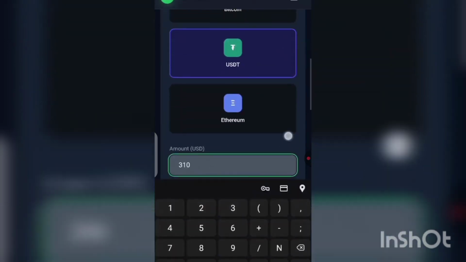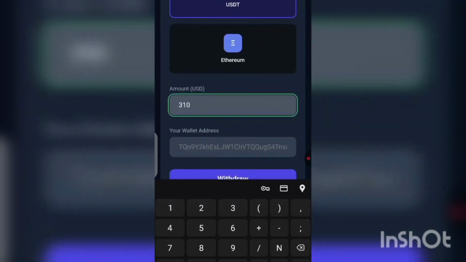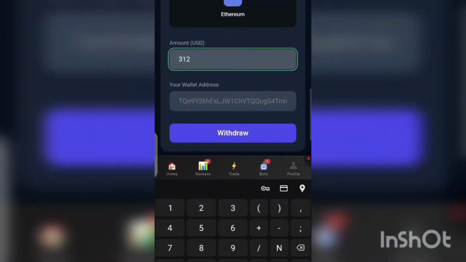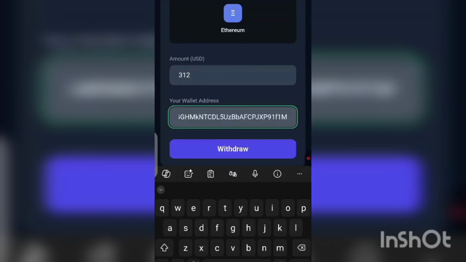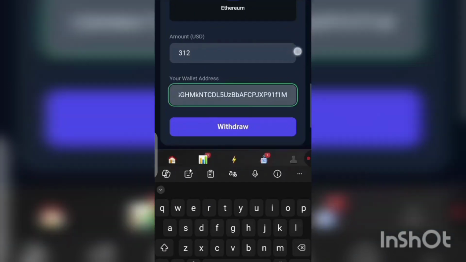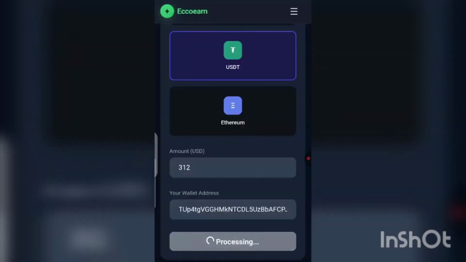We are going to be withdrawing 310 USDT. The next thing is for me to click withdraw. Because of the charges, I added an extra 2 USD, that's 312, so that they will take 1 USD fee.